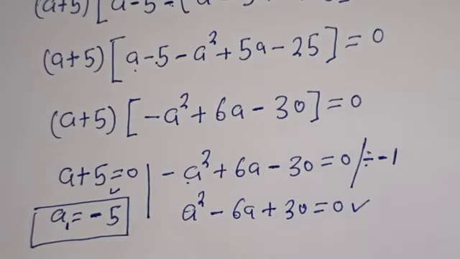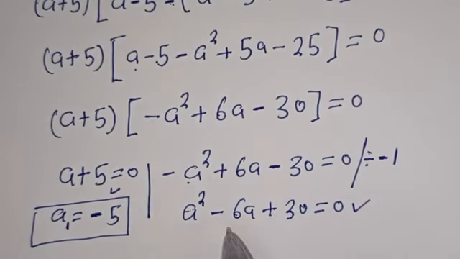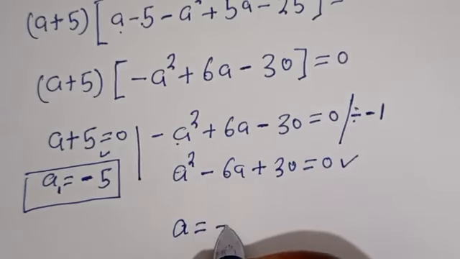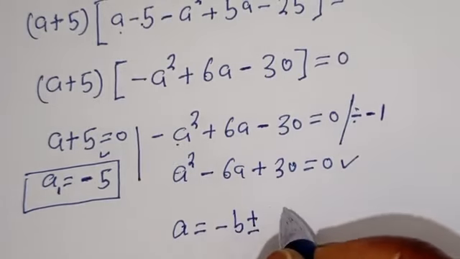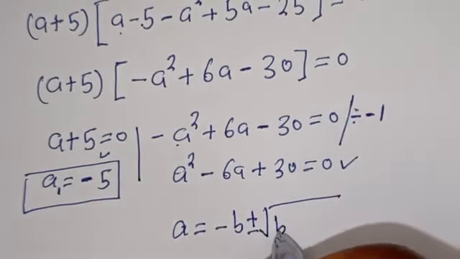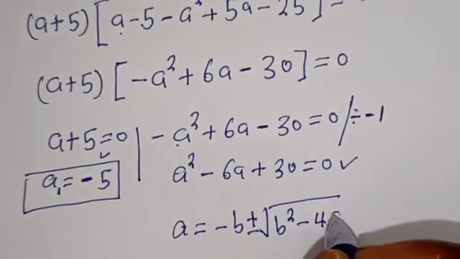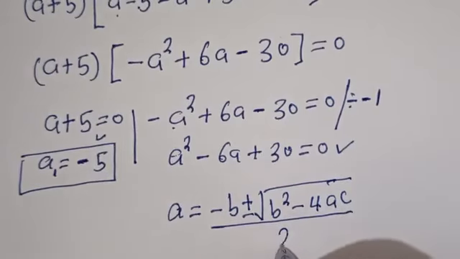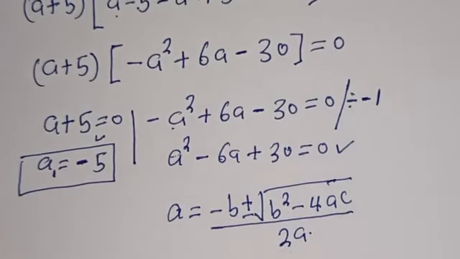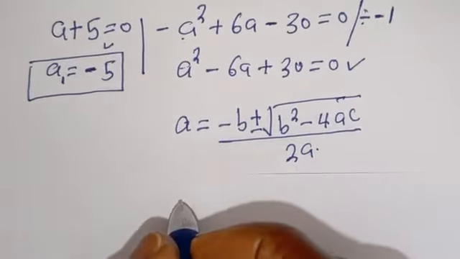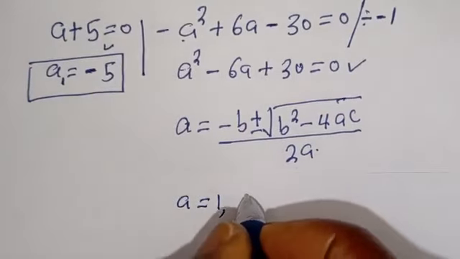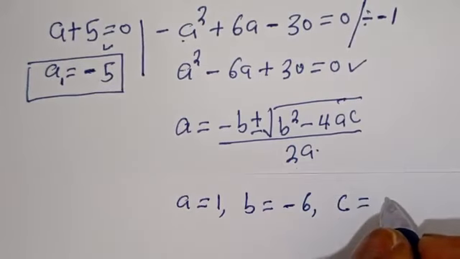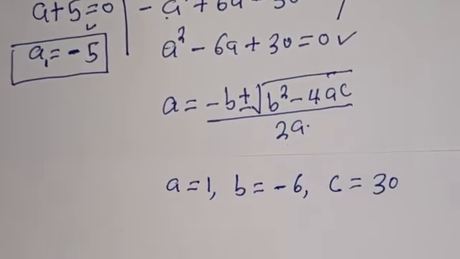This is a quadratic equation which can be solved using the quadratic general formula. Our quadratic general formula is given as a is equal to minus b plus or minus square root of b squared minus 4ac, divided by 2a. Then where a is equal to 1, b is equal to minus 6, and c is equal to 30.